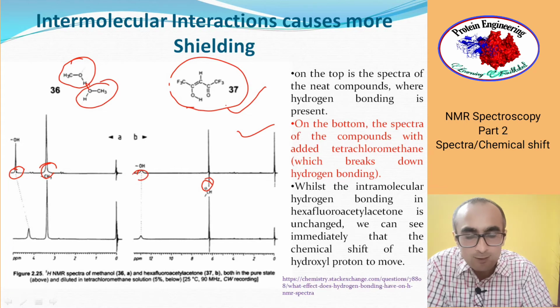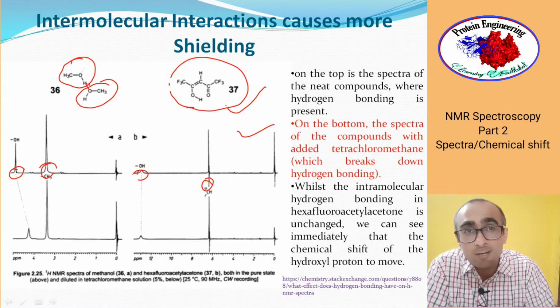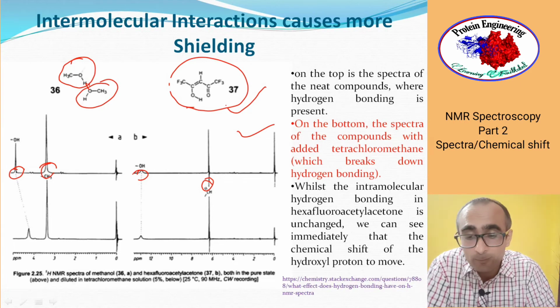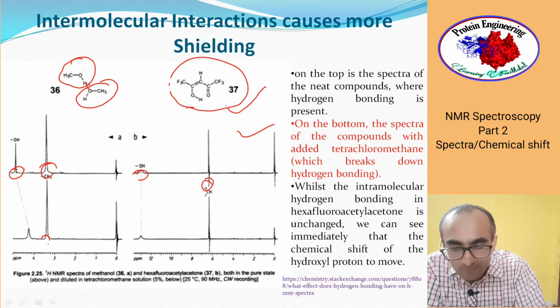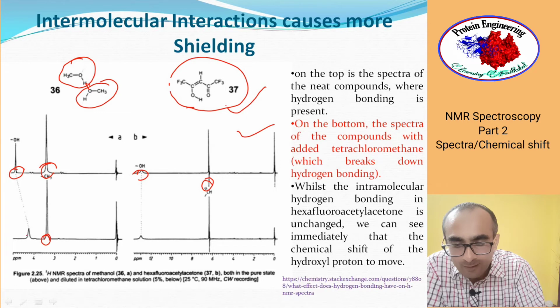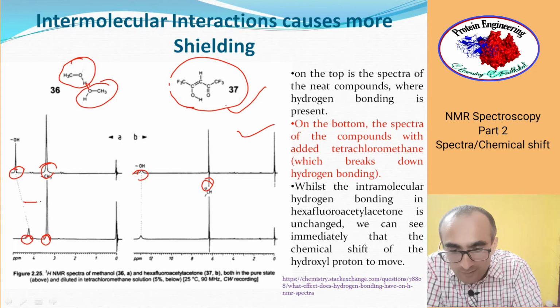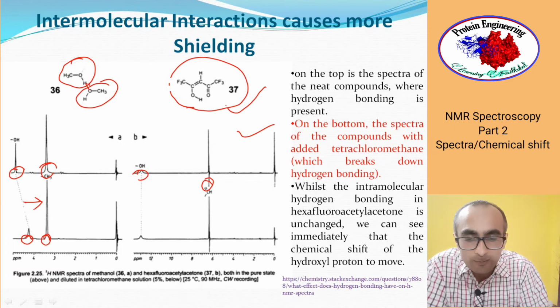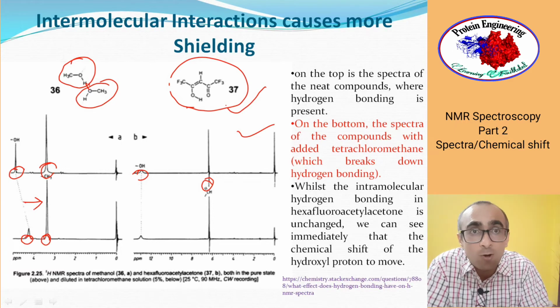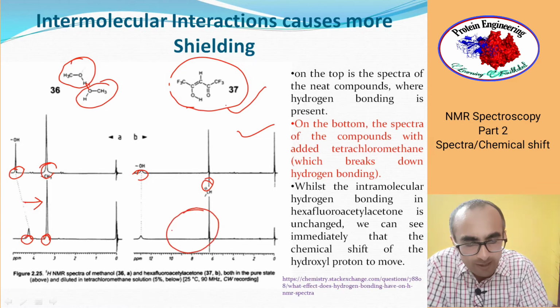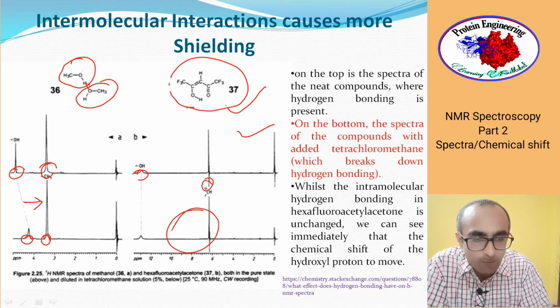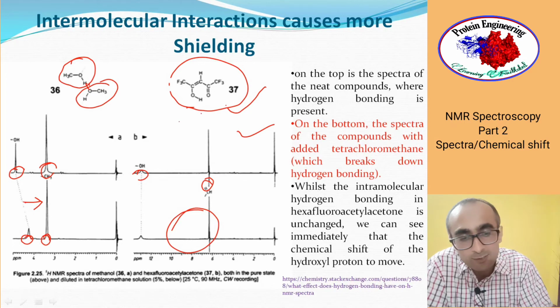But when you add carbon tetrachloride, it disrupts the hydrogen bonding pattern of methanol. As a result, the methyl proton peak is not shifted, but the OH peak has become more upfield. That represents that there was a hydrogen bond initially which has been disrupted by carbon tetrachloride, whereas there is no effect in this compound because CCl4 does not break intermolecular hydrogen bonding in it.